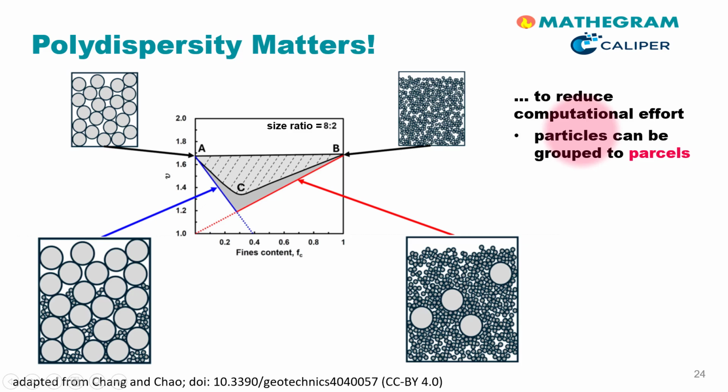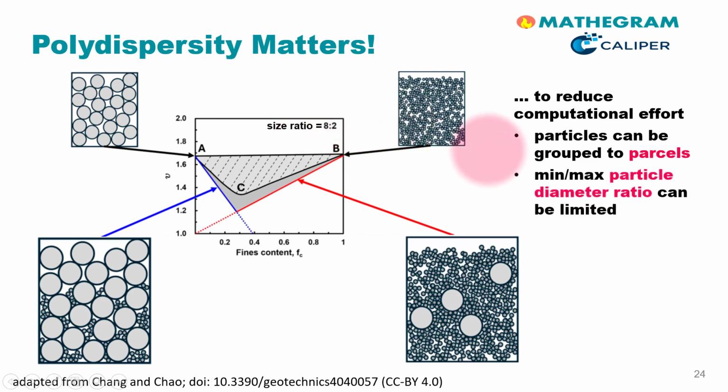You will see later how this can be achieved. Furthermore, the minimum to maximum particle diameter ratio matters, and hence you want to keep that close to unity. Chopping the particle size distribution is, consequently, a strategy to greatly reduce the computational effort associated with a DEM simulation.